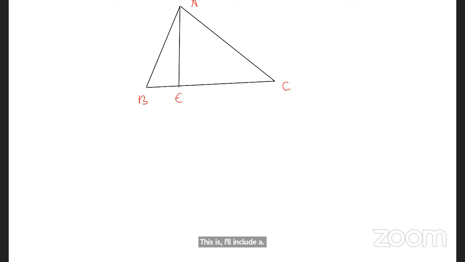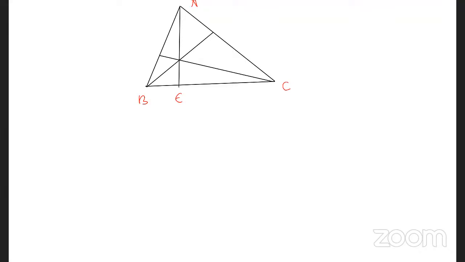Then let's also make altitudes from the vertices B and C. Okay.